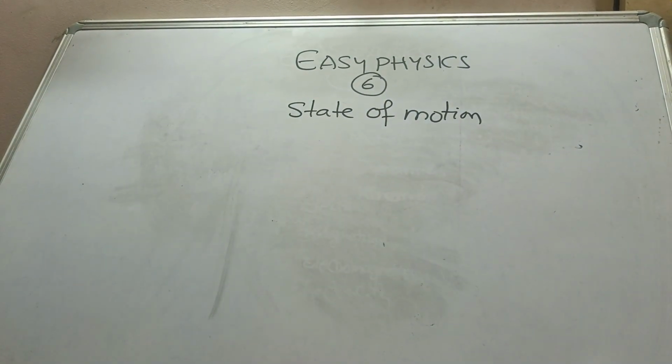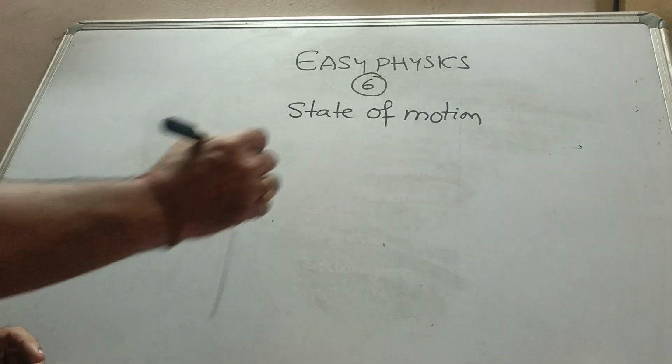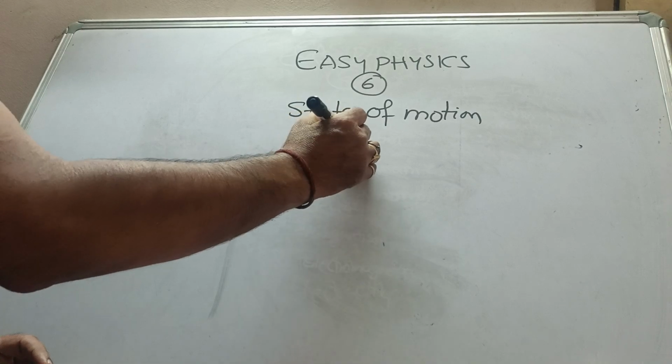In the state of motion, I told you that sometimes we speak of the object being at rest, or in what we call the equilibrium state. It means that the net force will become zero. And the second one is when it is under motion. So we can say that the study of the state of motion is called mechanics.